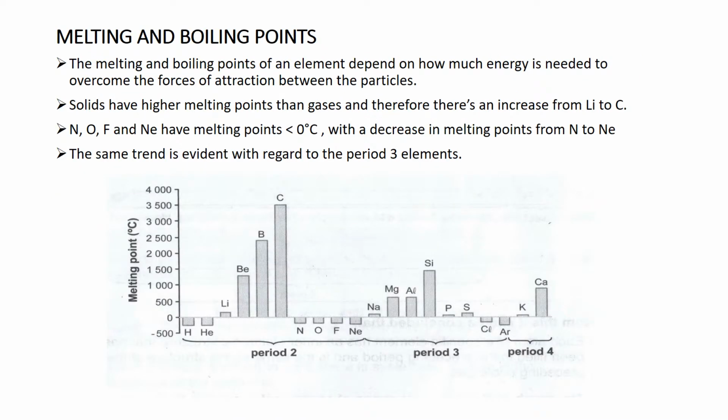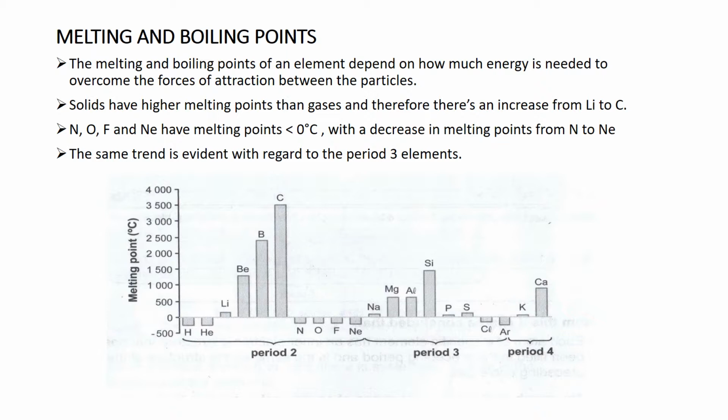Let's move on to melting and boiling points. The melting and boiling points of an element depend on how much energy is needed to overcome the forces of attraction between the particles. So you can imagine that if your forces of attraction are very, very strong, then you are going to need higher melting and boiling points to overcome those forces of attraction.